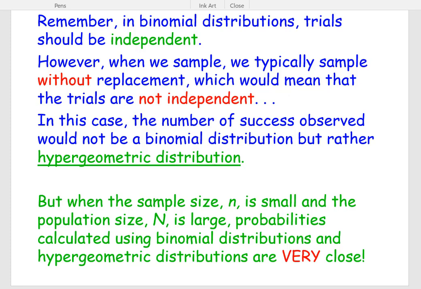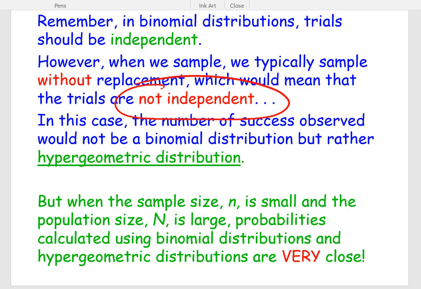So in this case, if the trials are not independent, we use something called the hypergeometric distribution. So the hypergeometric distribution allows for that non-replacement. So that's the big difference between our binomial distribution and this hypergeometric distribution, is the trials are not independent of each other.